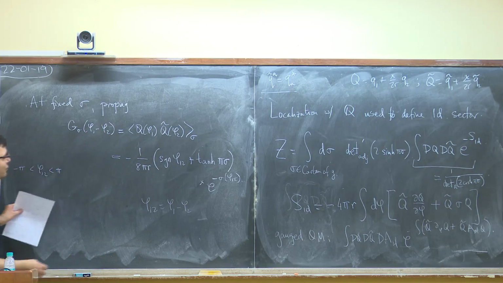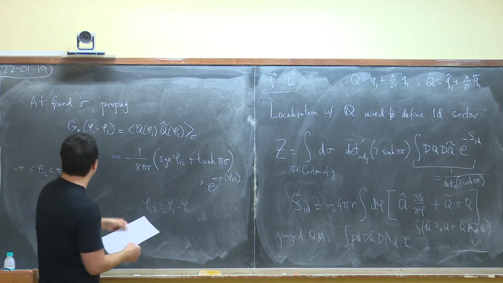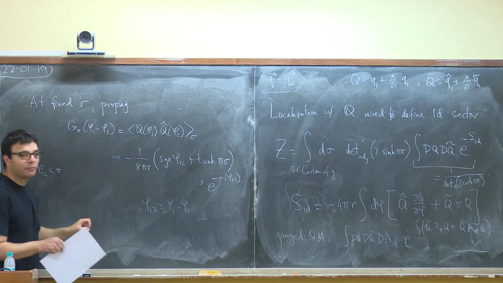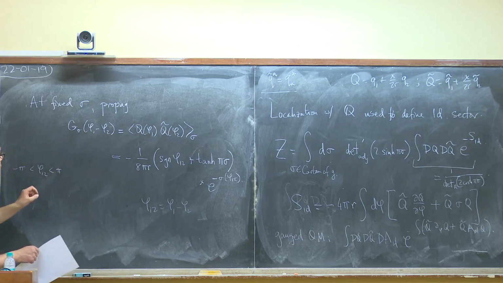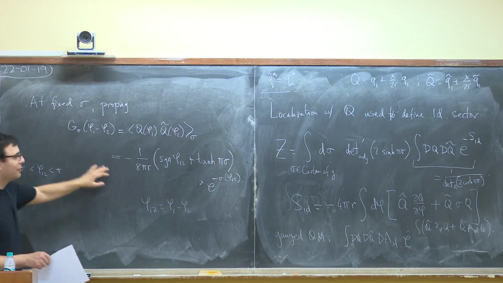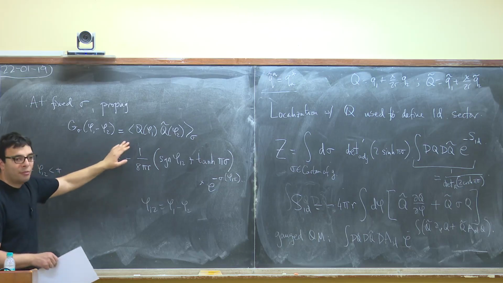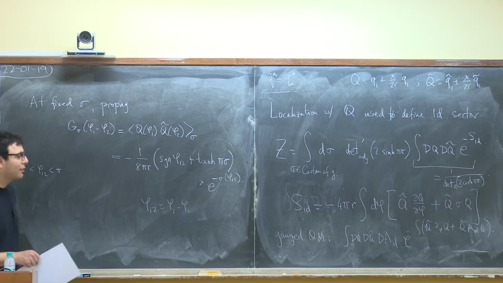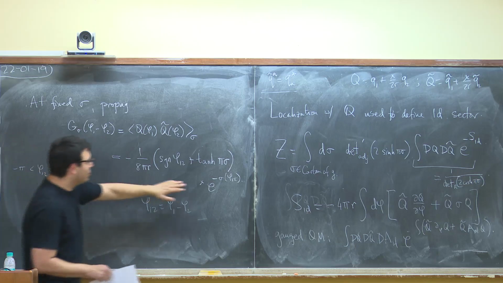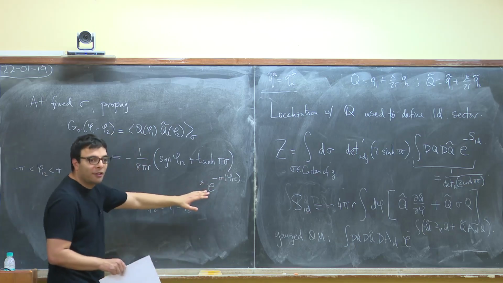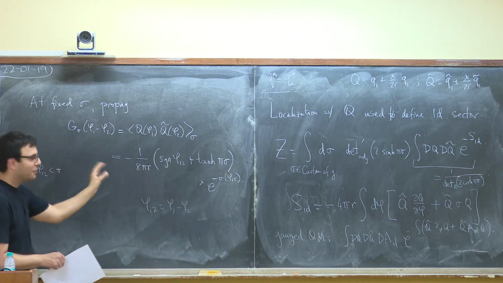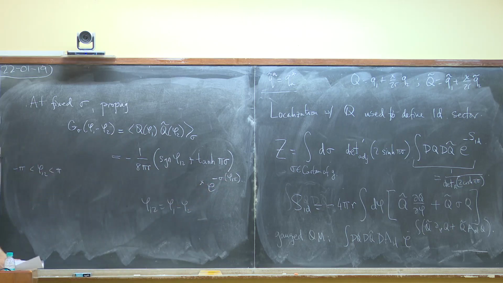You can check that if you put in pi and minus pi, this function is anti-periodic. It has to be anti-periodic because q and q tilde are anti-periodic. Some algebra shows that this is the correct propagator with the correct boundary conditions.